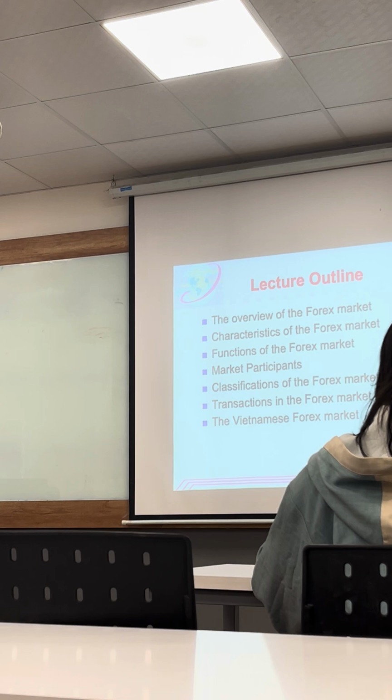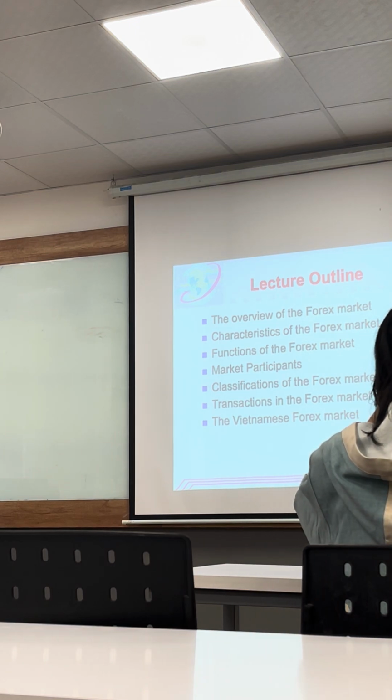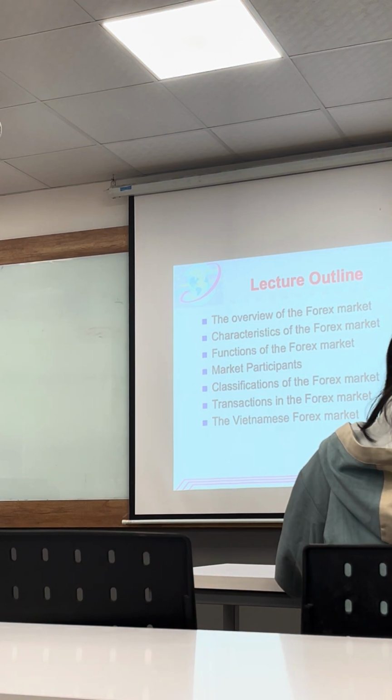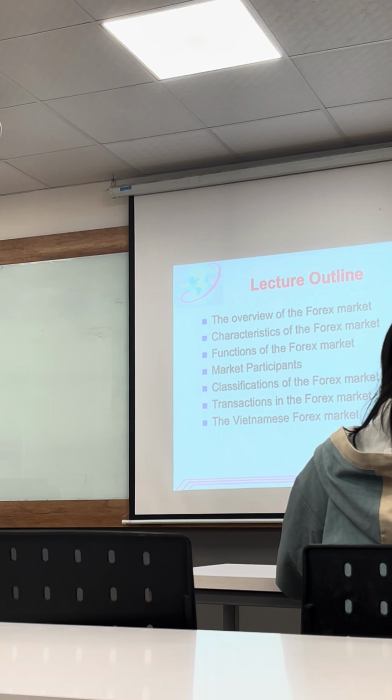If you are the seller, you have an obligation to sell it if the buyer wants to do so. In contrast, with the put option, if you are the buyer, you have the right to sell it, and if you are the seller, you have an obligation to buy it if the buyer wants to do so. Okay, thank you, Lily.